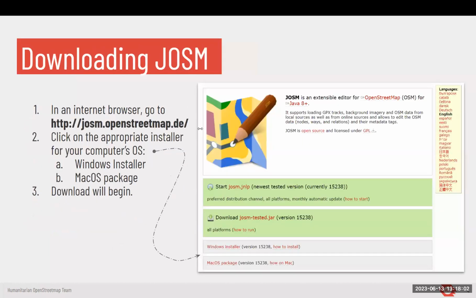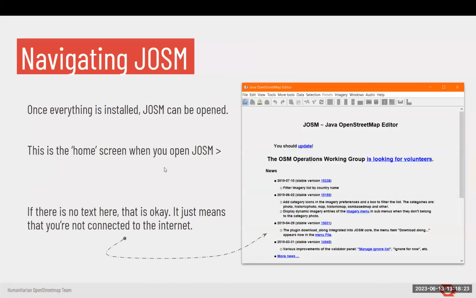Yeah, I see. I read the meeting chats in the chat box. There is a question, not JSOM, but josm.openstreetmap.de. Yeah, you are almost correct. And then let's proceed.